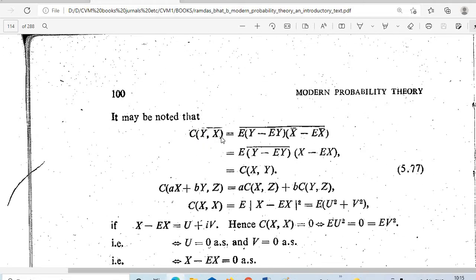And c of y comma x conjugate equal to expectation of (y minus expectation of y) into (x minus expectation of x) conjugate.